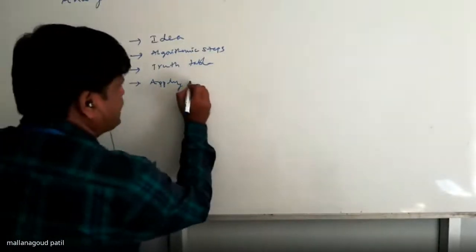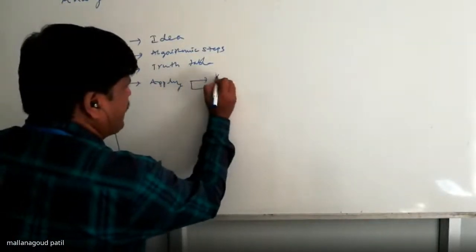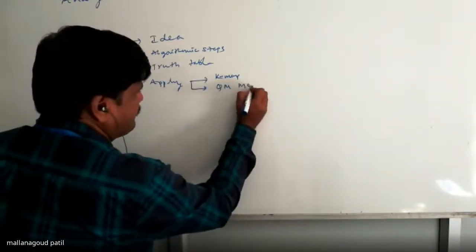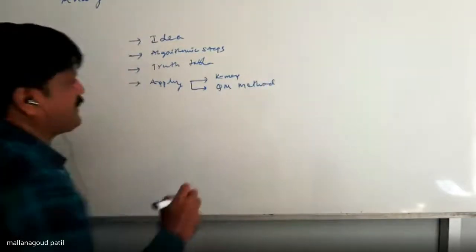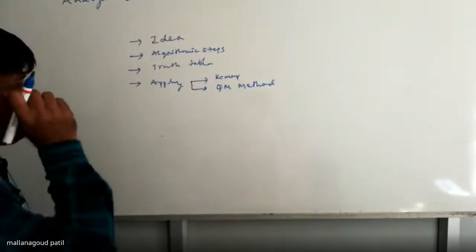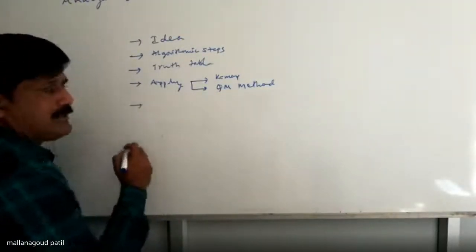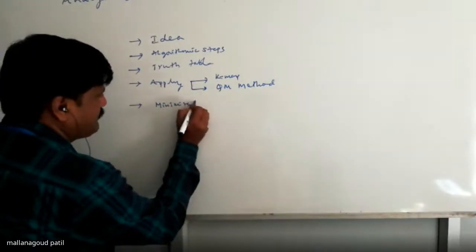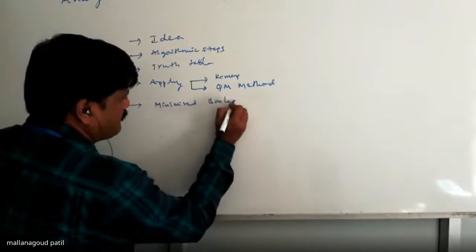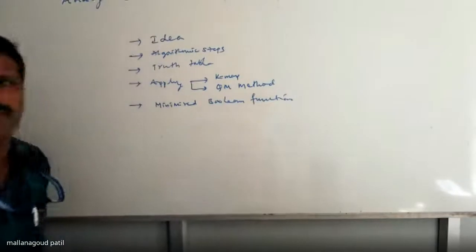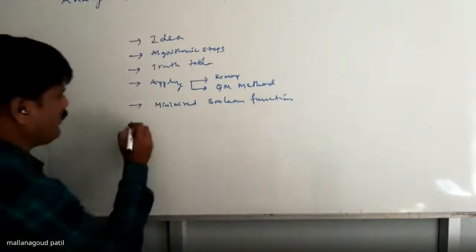That is either K-map or the QM method. Whenever you get the Boolean function, minimize the Boolean function. Then what to do? Implement.